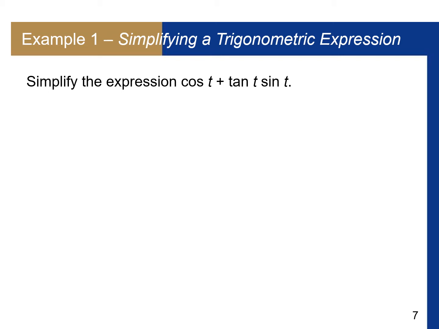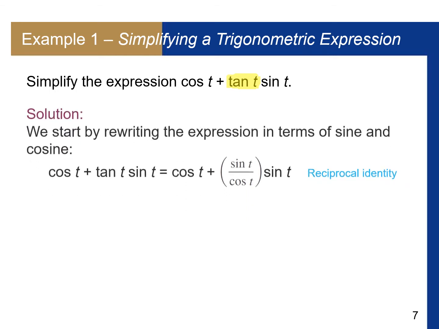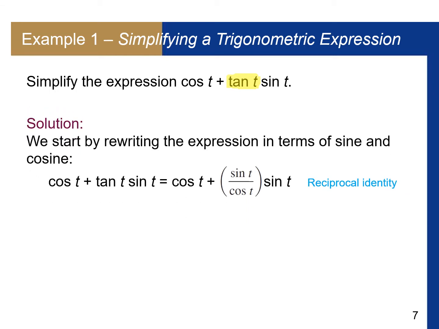Here we have cosine t plus tangent t times sine t. So we want to see how we can simplify this expression. Now, in order to simplify, a lot of times, not all the time, but a lot of times it's easier to take the trig expressions and change them to sine and cosine. So if I change my tangent to sine and cosine, then this becomes cosine t plus sine t over cosine t times sine t.